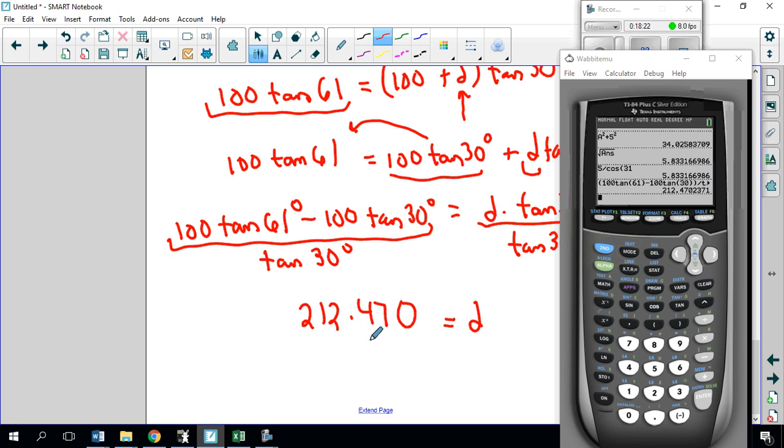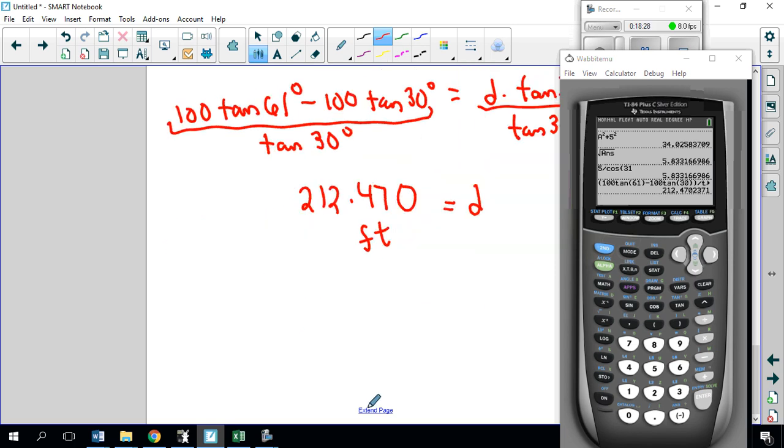I didn't put units, but that would be feet, say it was 100 feet originally. And by the way, STO, alpha, D, so I got all the decimals, the 6 or 8 on my screen and 30 more internally. Life's great.